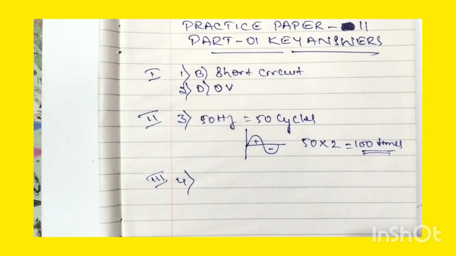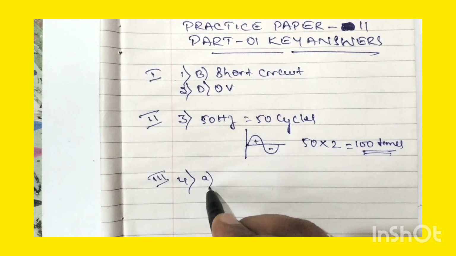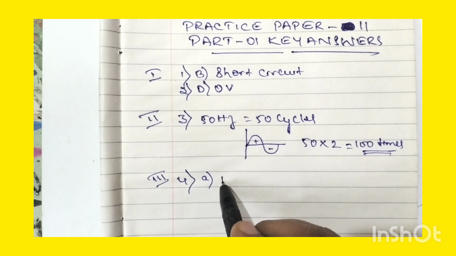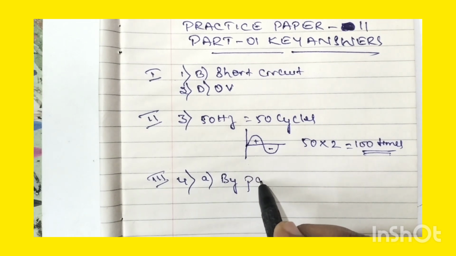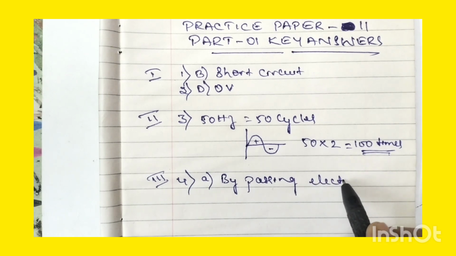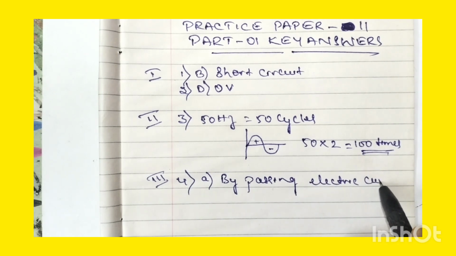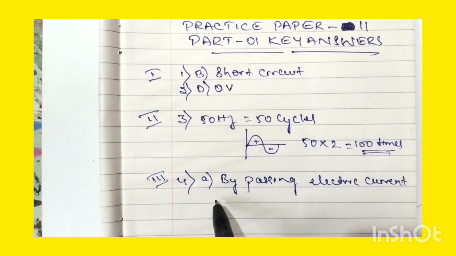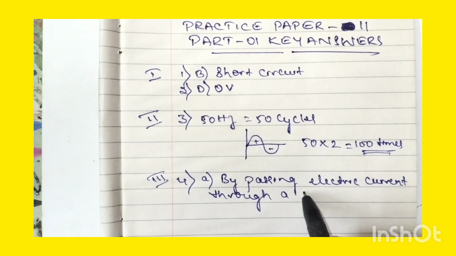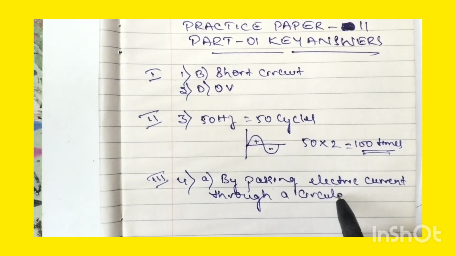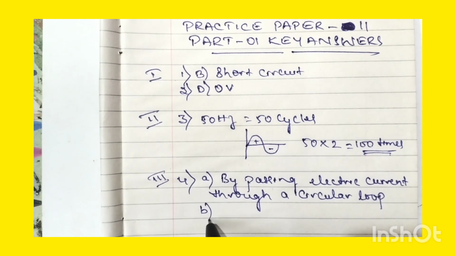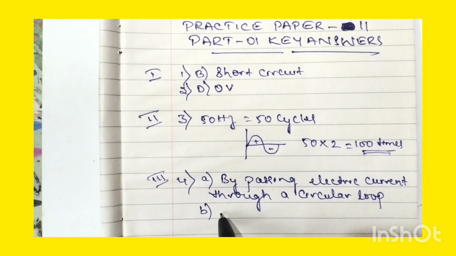The first method of producing magnetic field is by passing electric current through a circular loop. So by passing current through a circular loop, we can produce a magnetic field around the circular loop.